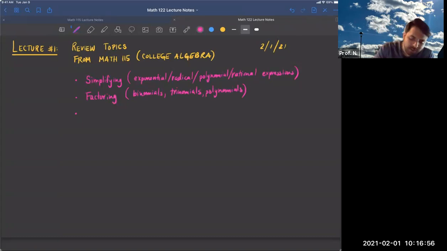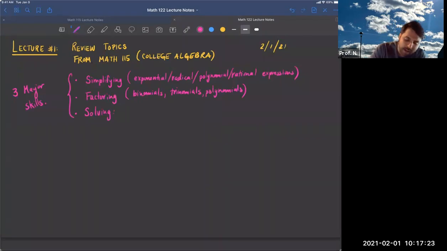And we also learn how to solve. So these are like the 3 major skills that algebra gives you. And these 3 major skills are utilized for the rest of your mathematical career. You're going to be simplifying things all the time, factoring as much as you can, and solving equations.